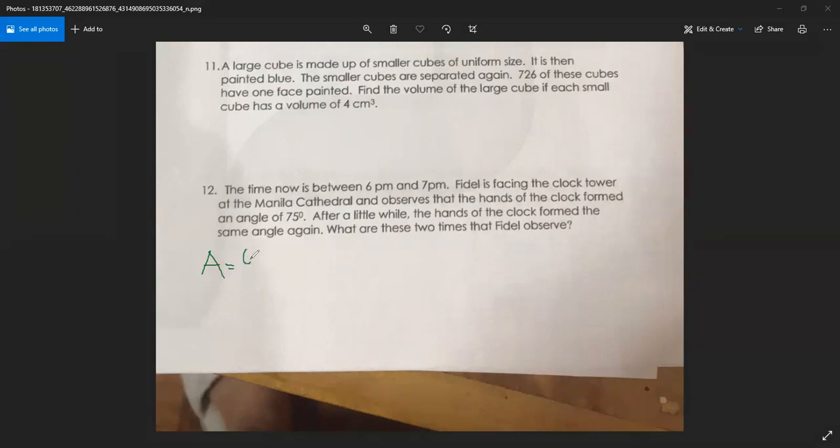H will be the hour, and M is the number of minutes. And then the answer is always positive.